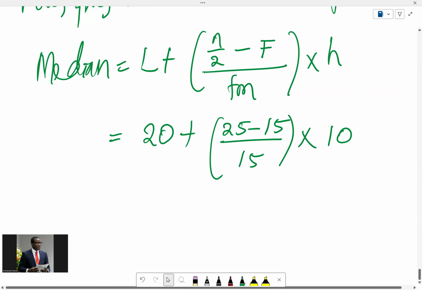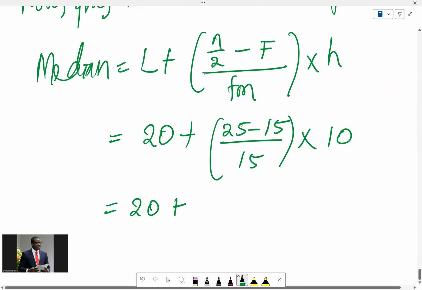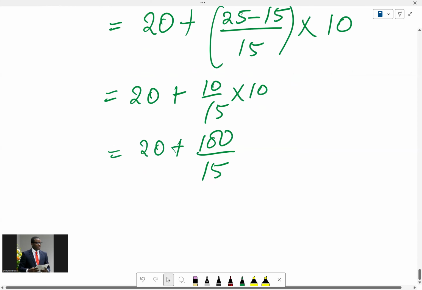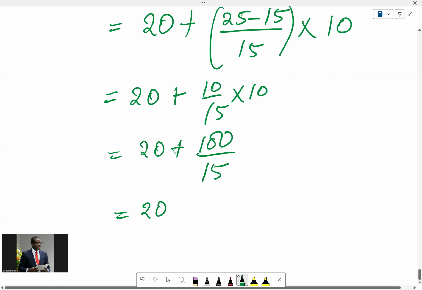So we can compute this now. That's 20 plus 25 minus 15 is 10, divided by 15, multiplied by 10. So that means we have 20 plus 100, you have to do multiplication first, divided by 15. 100 divided by 15 is 6.67.